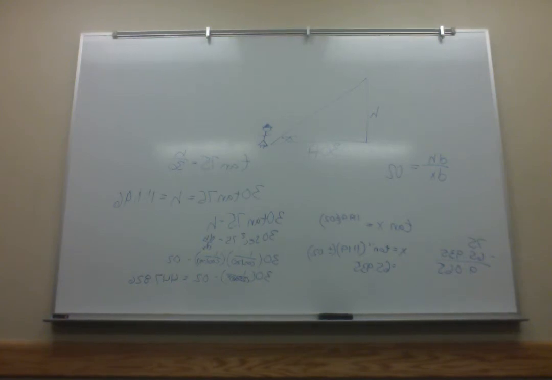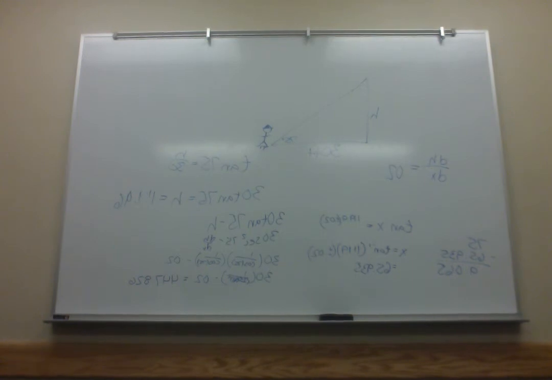Well, G is gravity, the acceleration due to gravity, so G is a constant as well. V, however, is not a constant. And in reality, tangent's a constant in this thing.